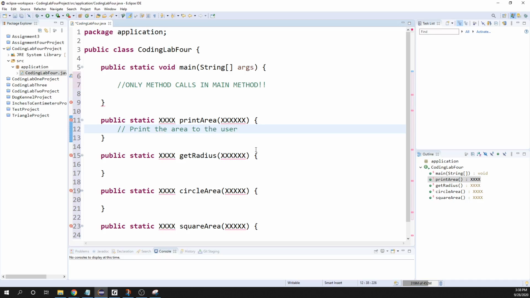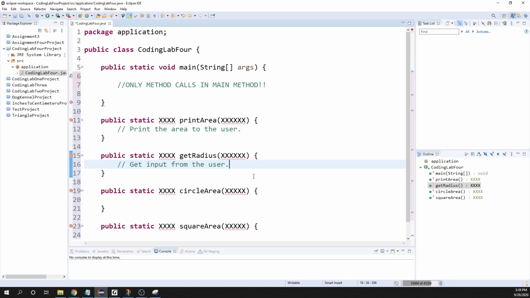That's it. So there's just a print statement in there. This method's job is to get input from the user. That's it. So you're going to have to prompt the user, get a scanner object and get input. But it does nothing else.